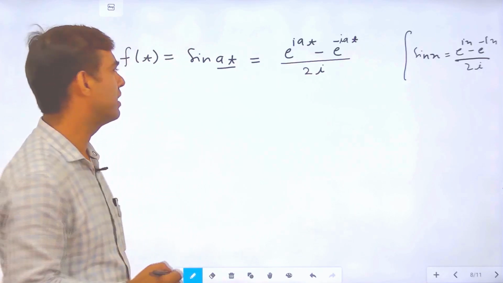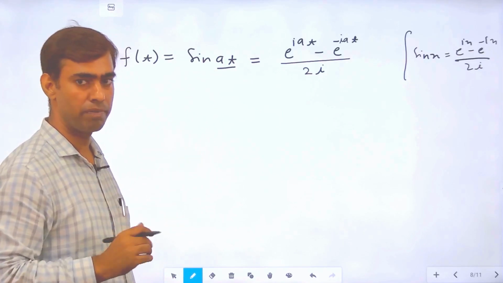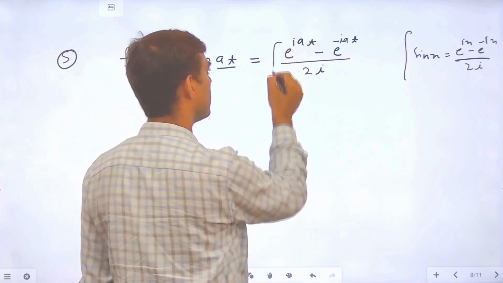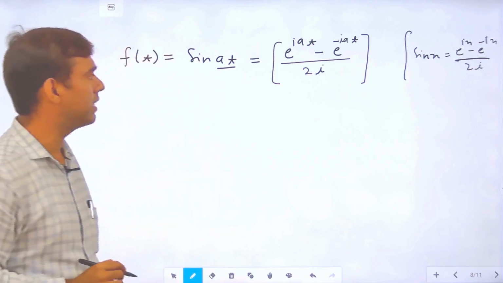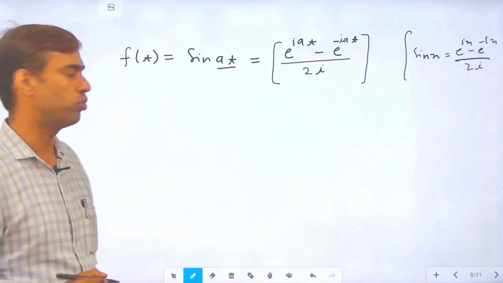We may also find it directly by the definition of the Laplace transform, but here we are going to find the Laplace transform after writing sin at equal to e to the power iat minus e to the power minus iat upon 2i.